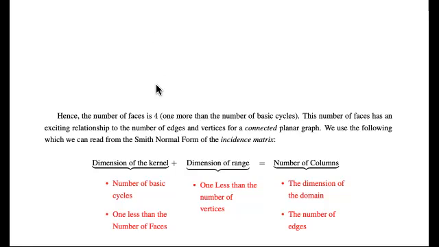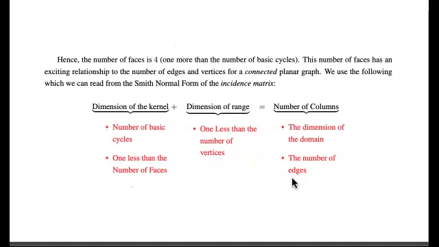So the number of 0 columns actually ends up being the dimension of the subspace of cycles themselves, or the number of basic cycles is the dimension of the kernel. And remember that this is 1 less than the number of faces. The number of columns, remember, is the number of edges, the total number of edges in general.